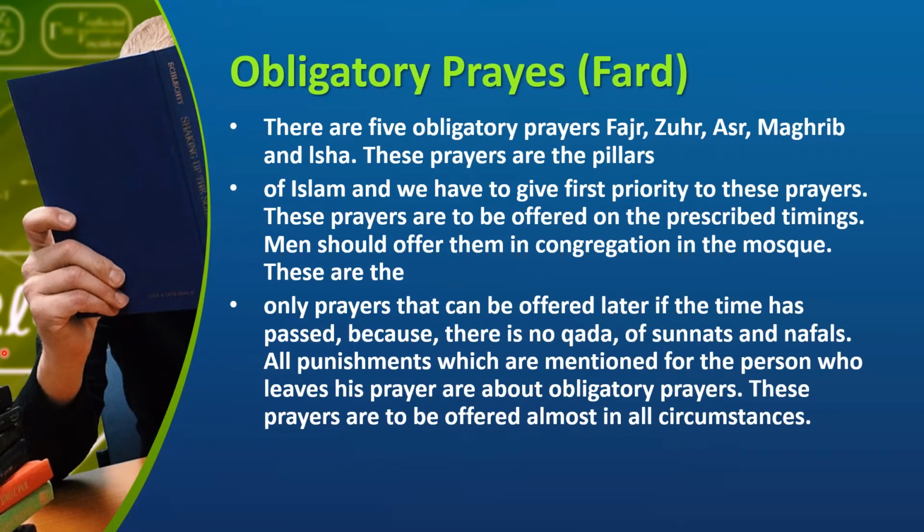These prayers are the pillars of Islam, and we have to give first priority to them. These prayers are to be offered at prescribed timings and in a prescribed method. Usually men should pray this Salat in congregation in the mosque, and women need to offer their Salat in their homes.